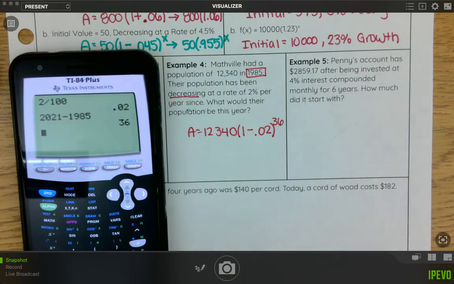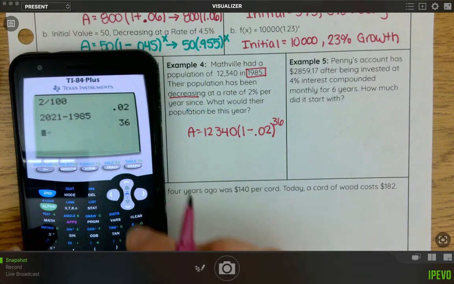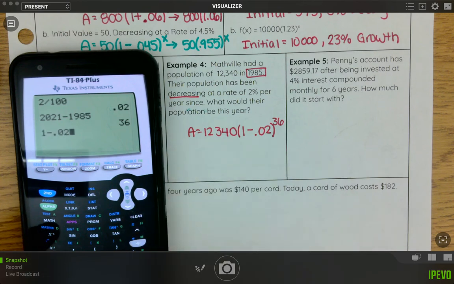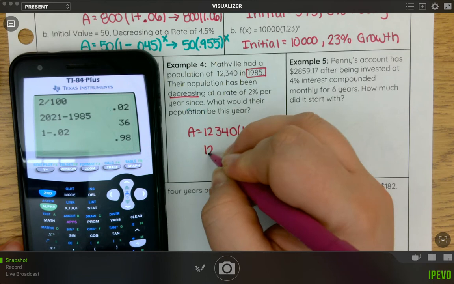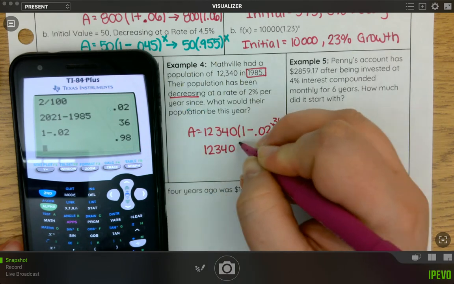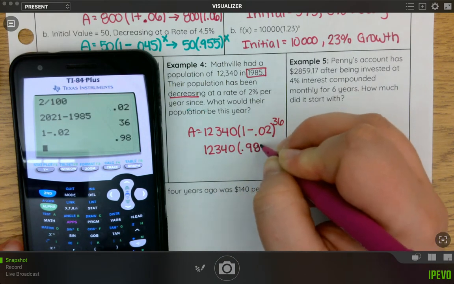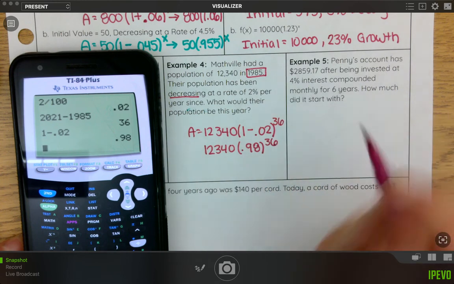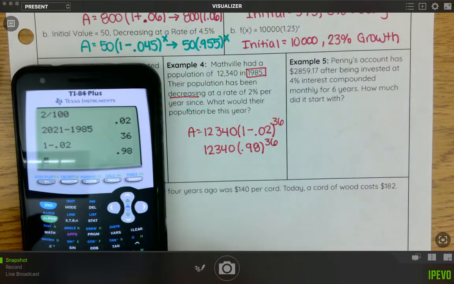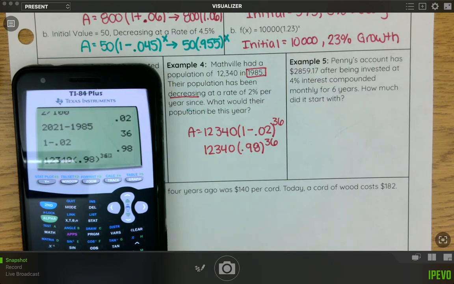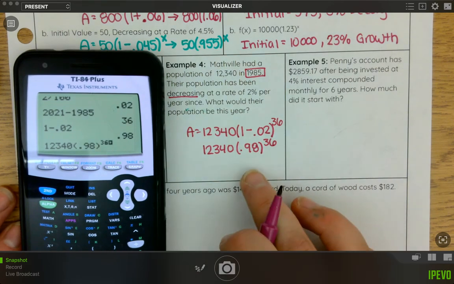And then I just need to type in 1 minus 0.02. That's 0.98. Okay. And then all I have to do is 12,340 times 0.98 to the power of 36. So exactly what I just had over here, I'm putting over here.